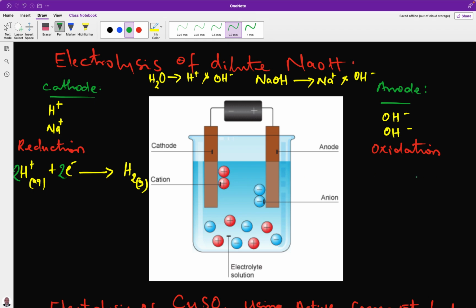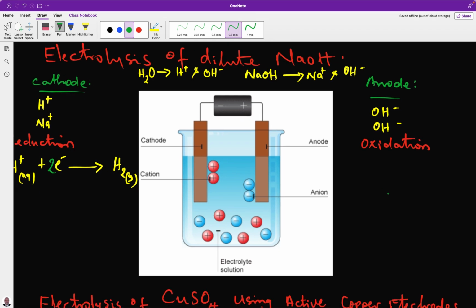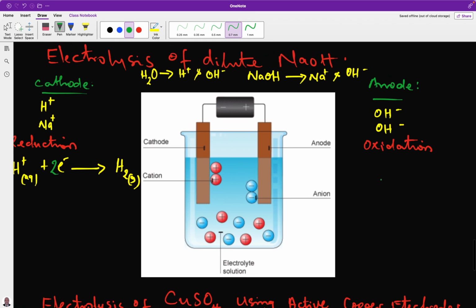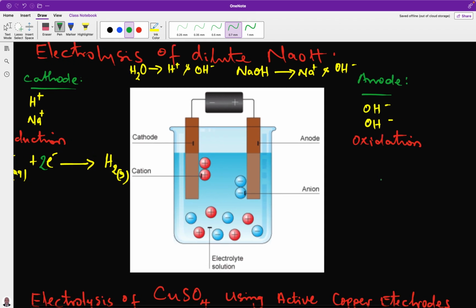So now, the same thing goes to the anode. What happens at the anode? At the anode, it is OH that is there. So OH at the anode is going to undergo loss of electron. So this is what happens.